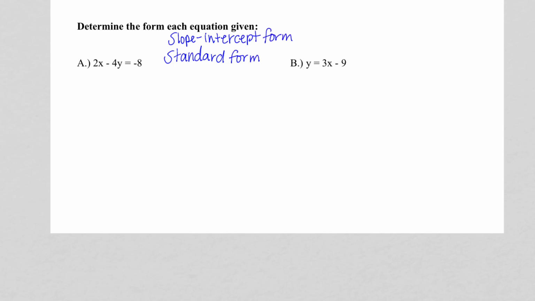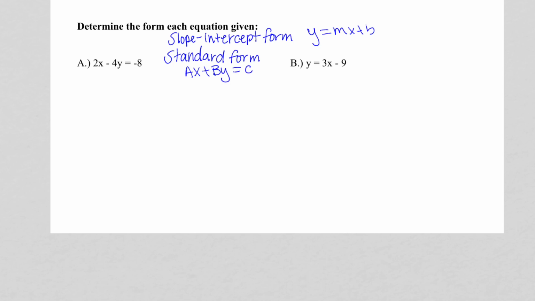Slope-intercept form is y equals mx plus b. Standard form is ax plus by equals c. So if I'm looking at A, I see 2x minus 4y equals negative 8. That looks more like standard form to me because it has that format.